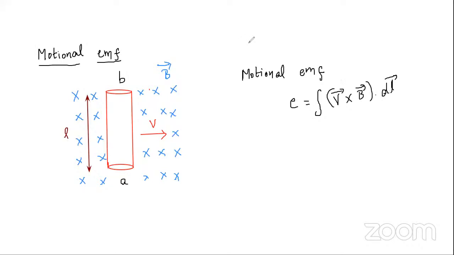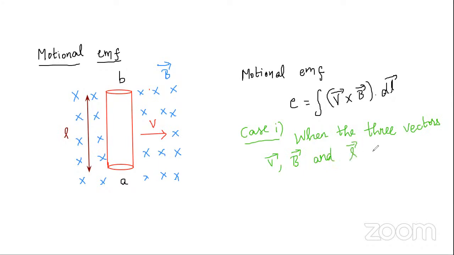Here we are going to consider 2 cases. In case 1, when the 3 vectors, vector V, vector B and vector L, are perpendicular to each other, then the motional EMF is at its maximum value.